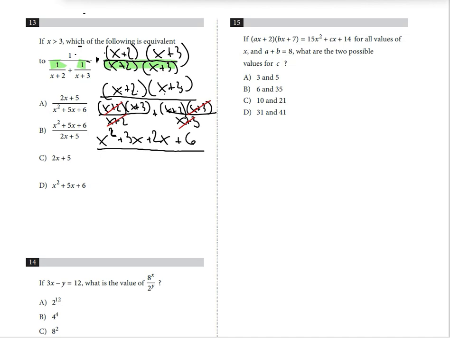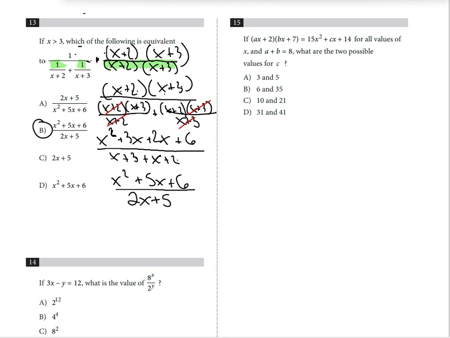And our denominator, we have x plus 3 plus x plus 2. So in our numerator, let's finish simplifying: x squared plus 5x plus 6. In our denominator, x plus x is 2x, 3 plus 2 is 5. And we get B as our answer.